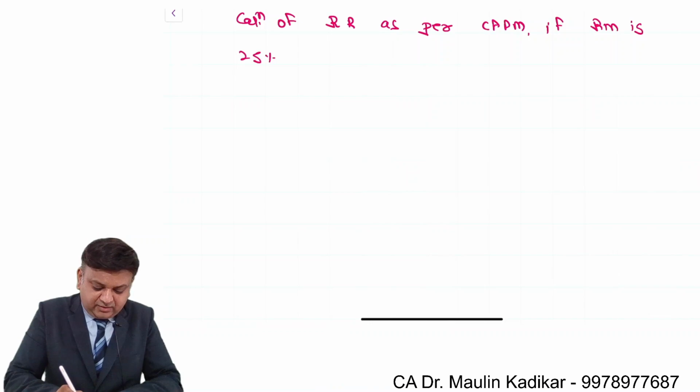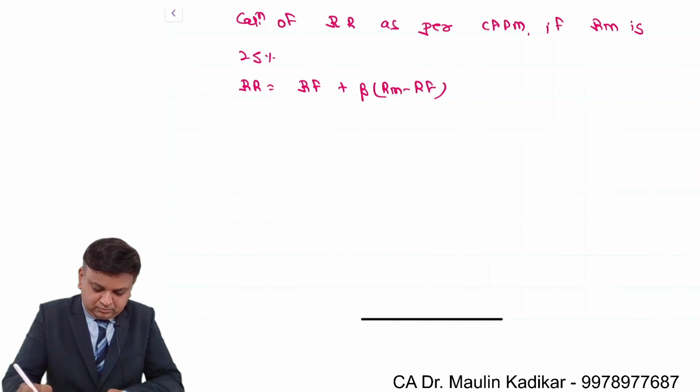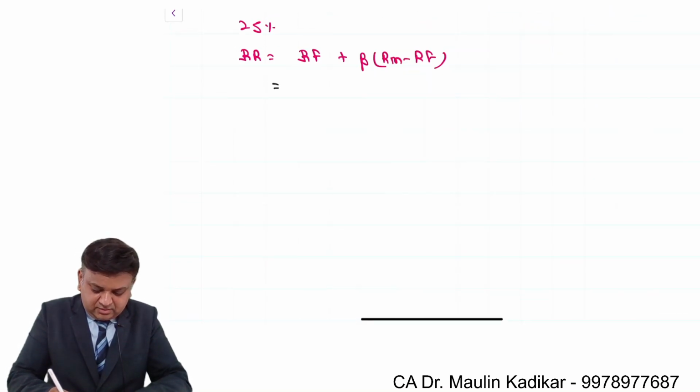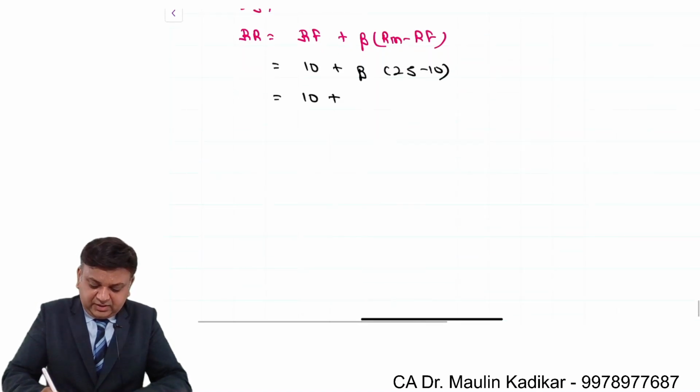So friends, it will be calculated as RF plus beta into RM minus RF. The risk-free rate of return is 10, plus beta into 25 minus 10. That is 10 plus 15 into beta.